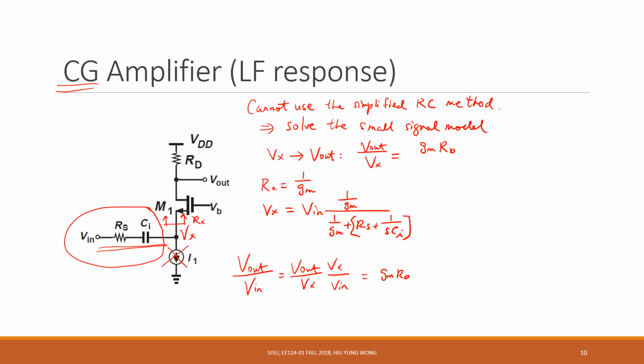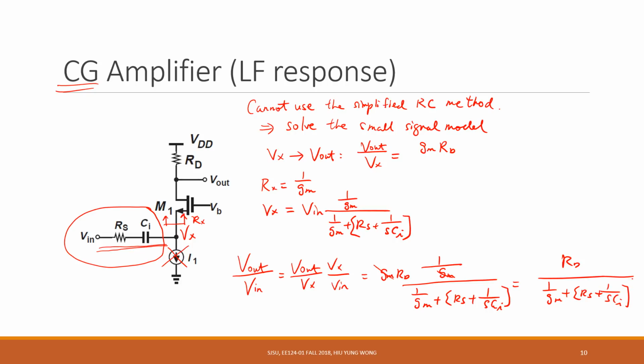Just this equation, right? So this is 1 over Gm divided by 1 over Gm plus Rs plus 1 over sCi. So this is just Rd over 1 over Gm plus Rs plus 1 over sCi, because the Gm cancels.